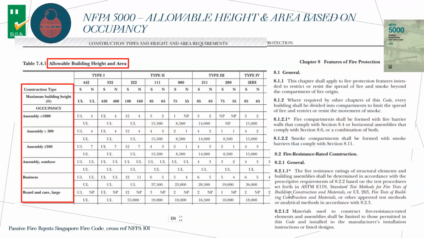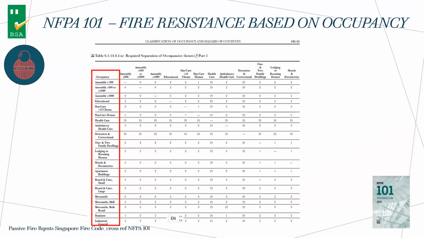Again, I draw some reference from NFPA 5000. It's also very similar, with different users, and it also tells you the building height and whether there's a limit or no limit. I'm not very familiar with NFPA, I'm just drawing some similarities. So there's a limit on compartments to limit the spread of fire and restrict or resist the movement of smoke.